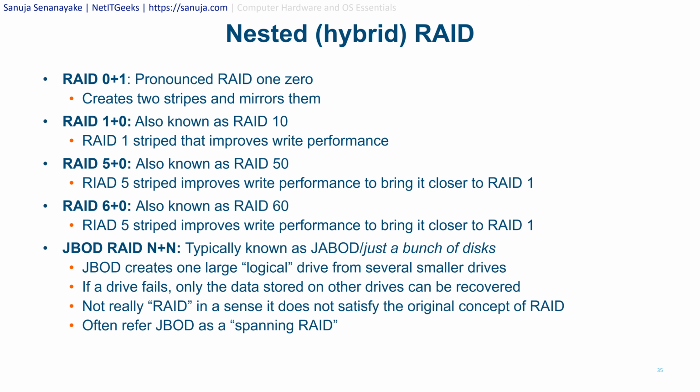Nested or hybrid RAID. There are a few nested RAID types, which are basically a combination of two or more different types of RAID. Typically it's just two, and they include RAID 0+1, sometimes called 0.1, which creates two stripes and mirrors them, and RAID 1+0, also known as RAID 10, which uses RAID 1 stripes and improves the write performance.